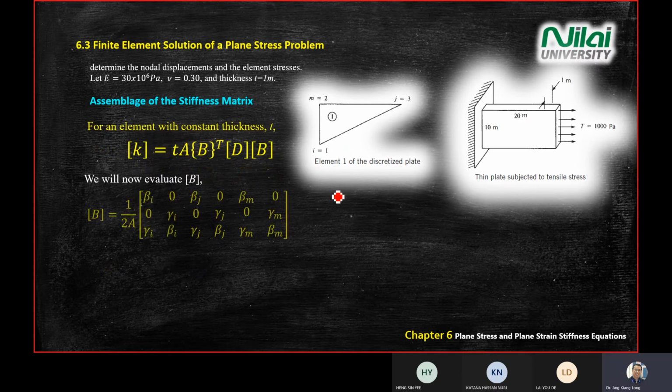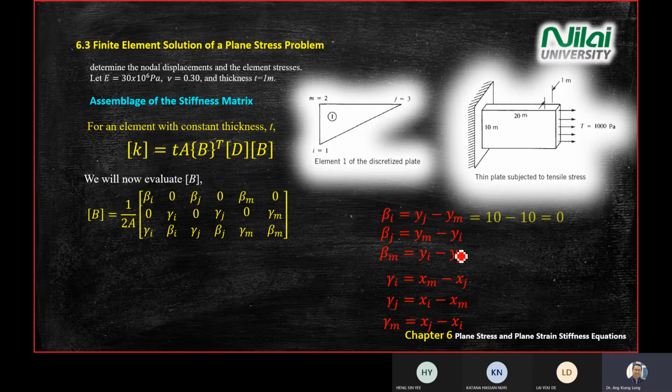Then you evaluate B with this matrix, B equal to 1 over 2A, and beta i, gamma i, and so on. I showed you this in the previous example. You just substitute the coordinates that I showed you just now, so Bi, Bj, and so on. You substitute the coordinates and you get the answer.